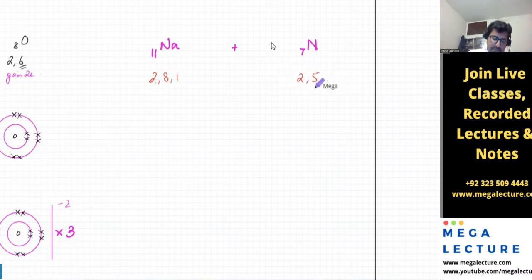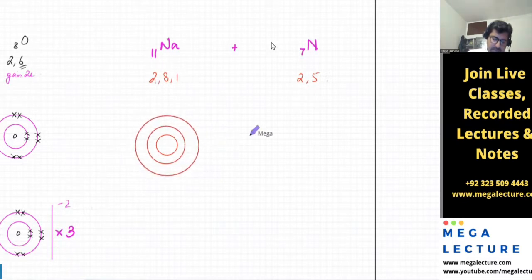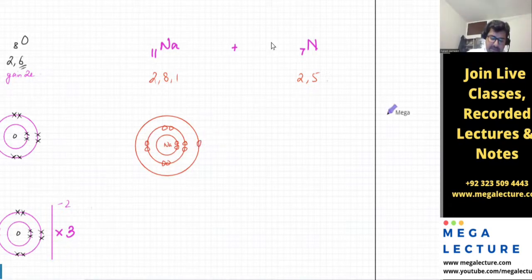Quickly draw the diagram. Sodium has 3 shells. How many electrons would sodium lose? 1, sir. So it's going to lose that 1 electron, right? And how many electrons will be gained by nitrogen over here?